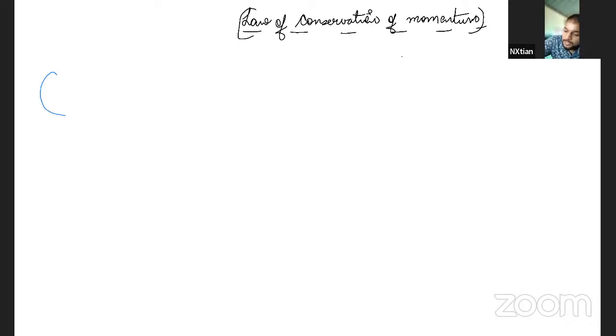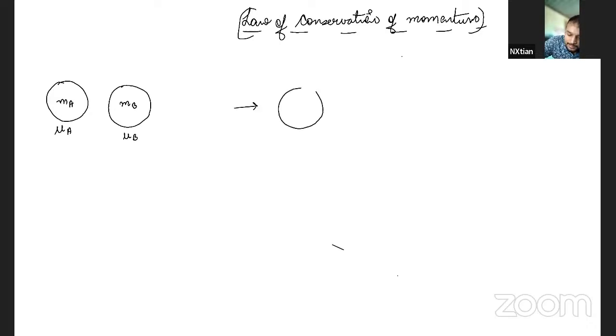See, there are two balls out there. This is small m or big M we can take, and this is small m. This is ma having initial velocity ua, and this is mb having initial velocity ub. Okay. So now there is a collision between these two balls.